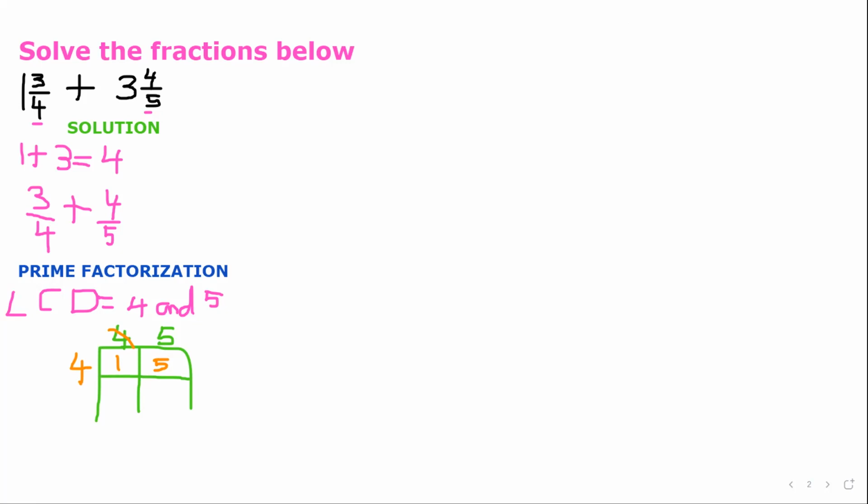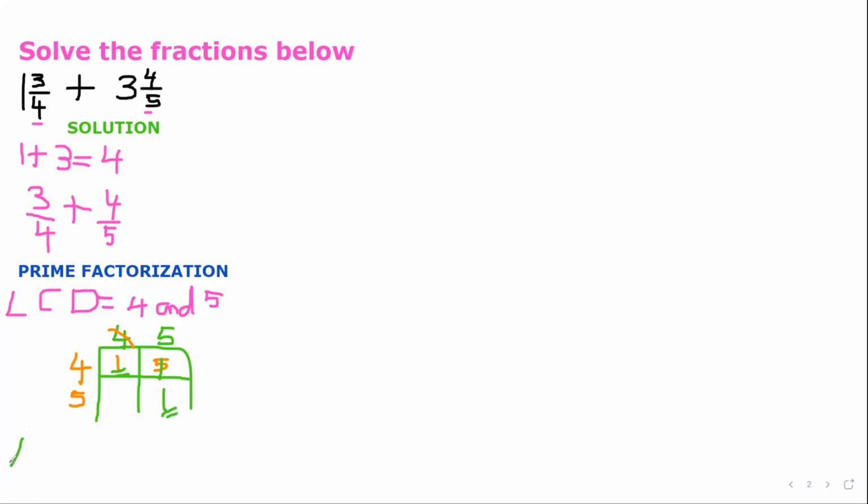Then the number to reduce this 5 to get 1 is the 5 itself. So 5 divides 5, here you get 1. And then we are done with this one too.